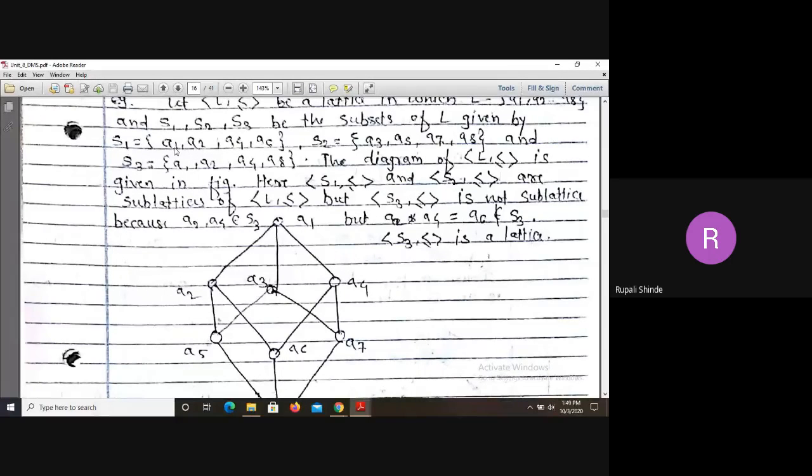Now check for another pair of elements. We have checked A1, A2. Now consider A2, A4. A2 is here, A4 is here. Perform meet and join operation, that is star and XOR operation, on these two elements. What is the value of A2 star A4?